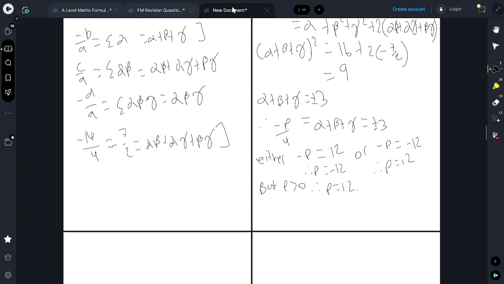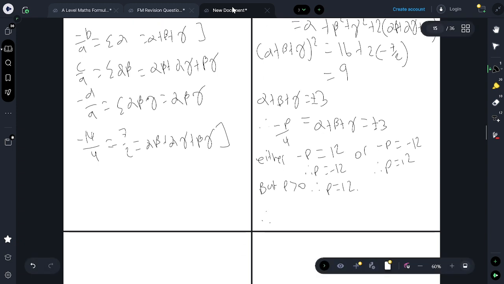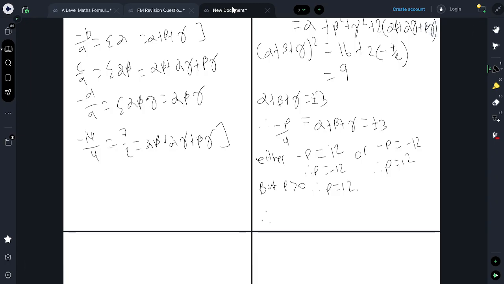And what this also means as a result is alpha plus beta plus gamma, for this to be true, has to be positive 3, right? Because then 3 times 4 gets us 12. Oh, no, no, minus 3, sorry. The right-hand side scenario.